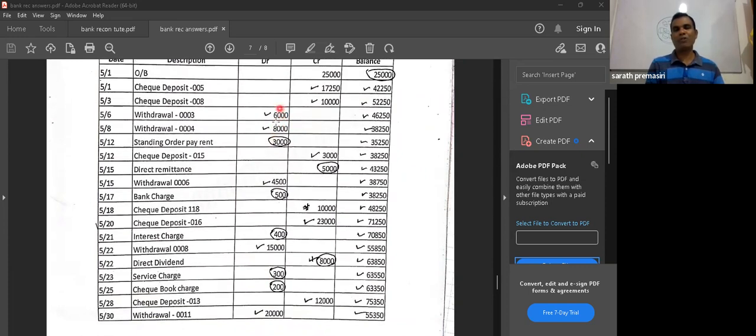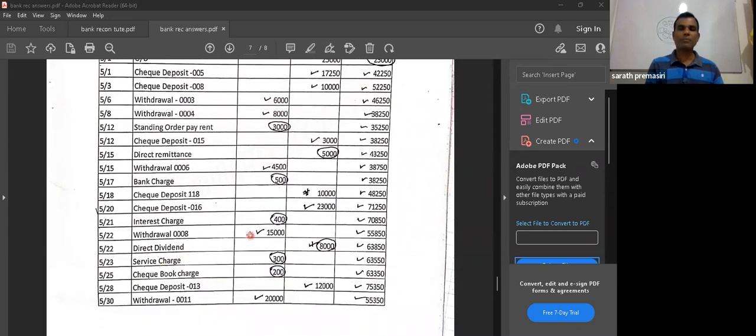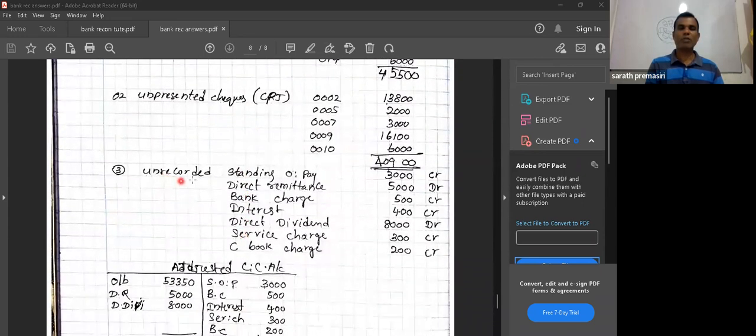See whether all these values are there with you and detected as items that contributed to the difference. Now you can name them. Here you see unrecorded standing order payment, unrecorded, only debit side values, debit column values.